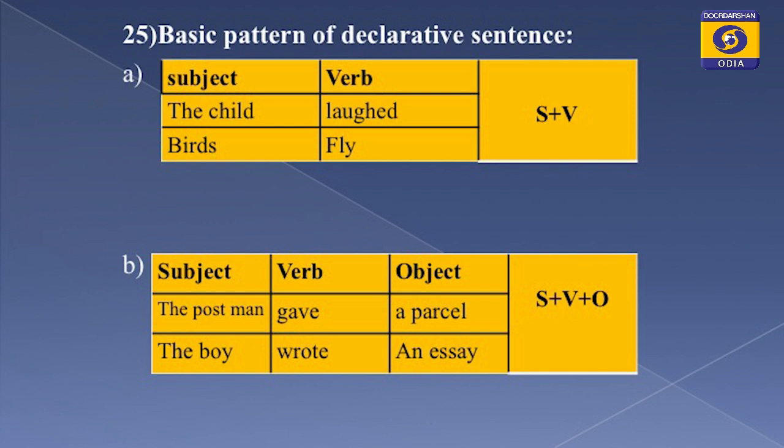If you get the answer, that is the object. The postman gave. What did the postman give? A parcel. The boy wrote an essay. What did the boy write? An essay. So here you see, wrote is the verb and an essay is the object. So the boy is the subject. So this pattern is called the SVO pattern.